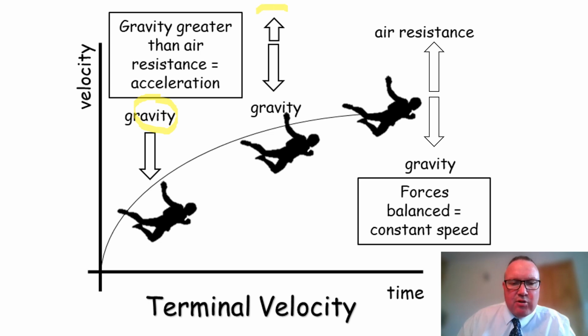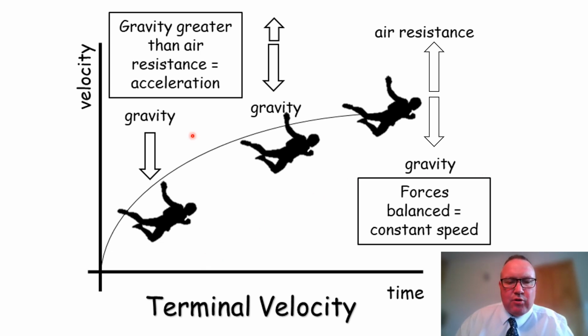As they move faster, they feel a small air resistance force. And eventually they feel a very large air resistance force. So they accelerate, they keep accelerating, but eventually the gravity force and the air resistance force are balanced, so they move at a steady speed.